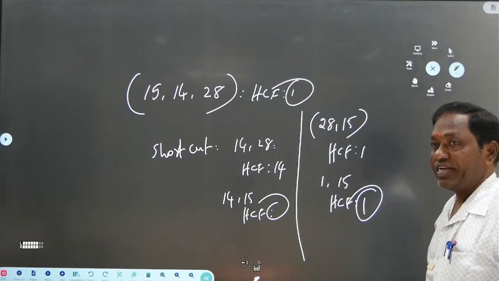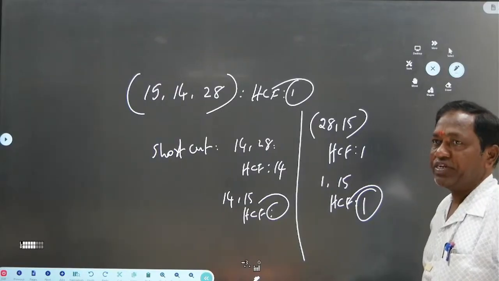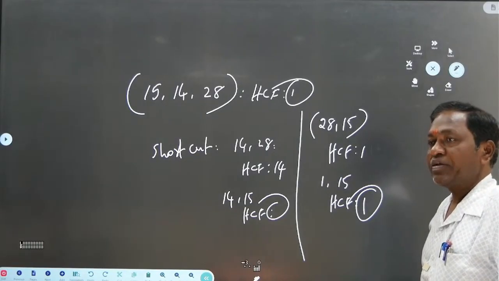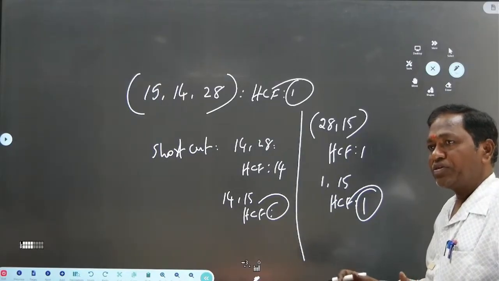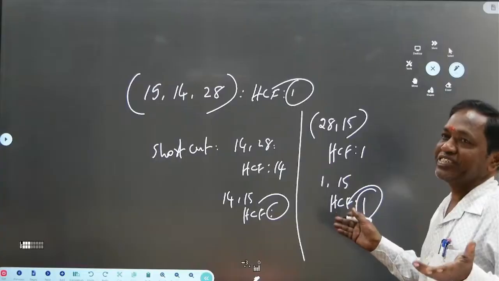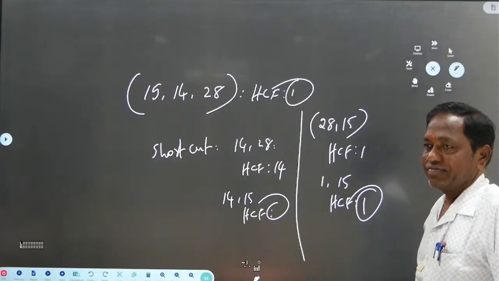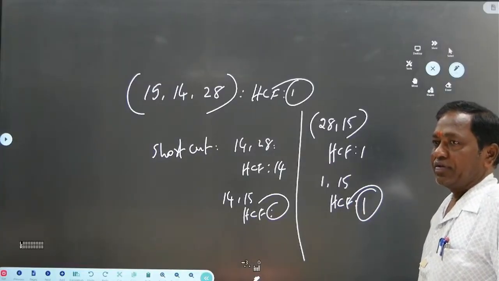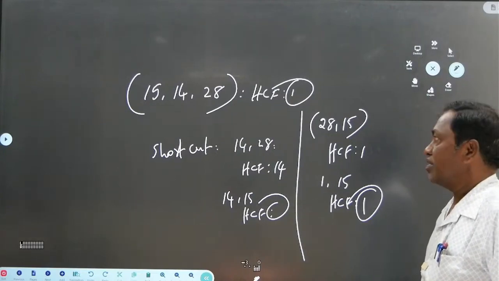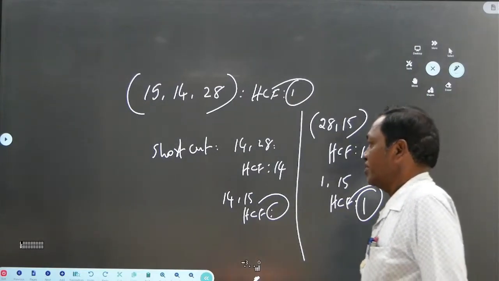We need co-primes even for divisibility rules. Prime numbers are essential, and co-primes are also very essential.